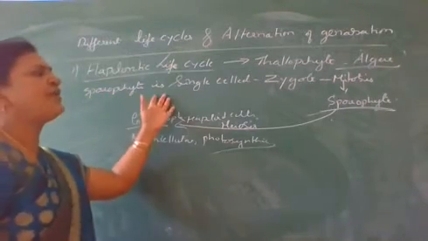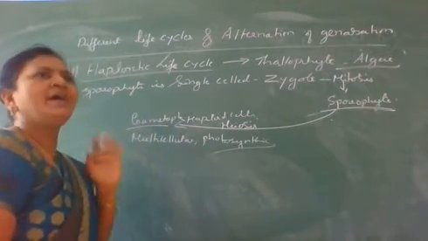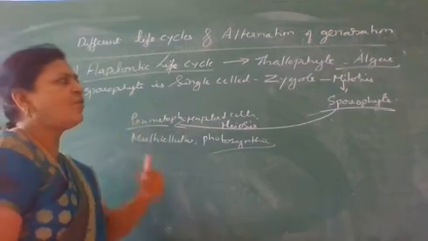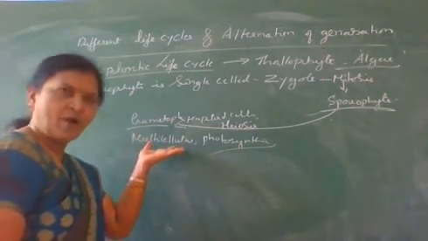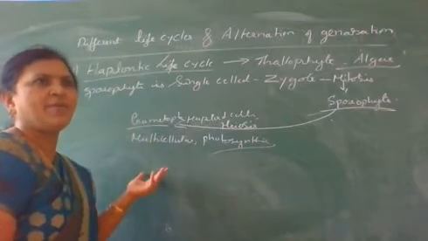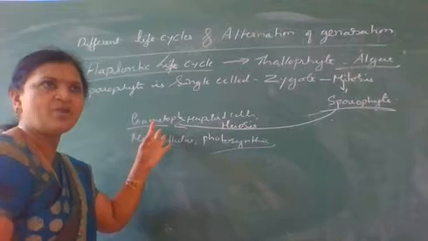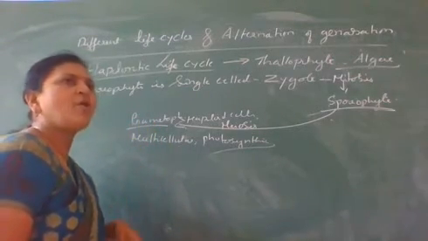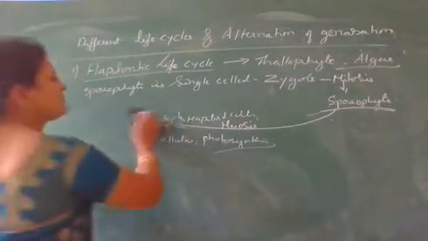Only the sporophytic generation is represented as a zygote, that is a single cell. Immediately it undergoes what? Again meiosis to form the haploid cells that give rise to a gametophyte. That is the predominant plant body.